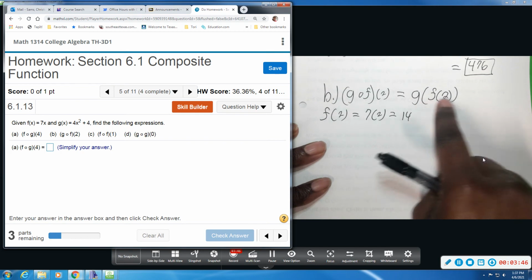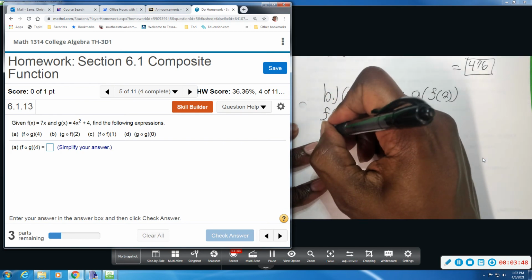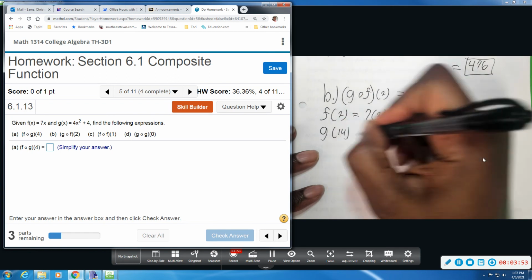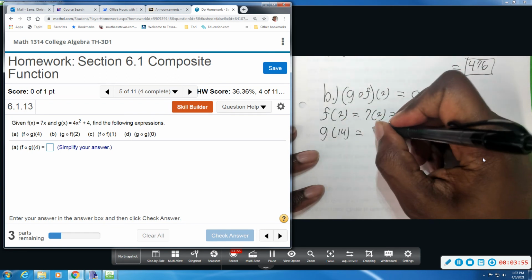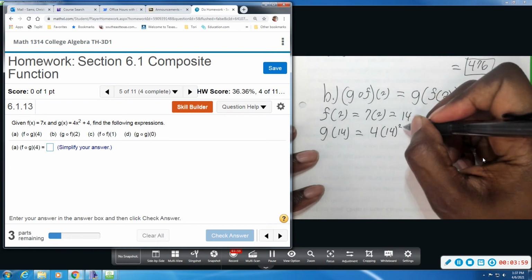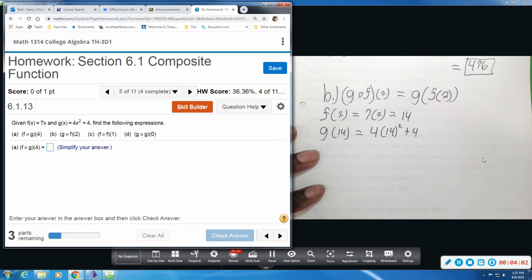So now, instead of g of f of 2, we're going to replace it with g of 14. So we're looking for 4 times 14 squared plus 4. Again, each time we do this, we're just following the original given expressions and plugging in for x whatever value we have. So once we find f of 2, we plug it in, and then we find g of 14.